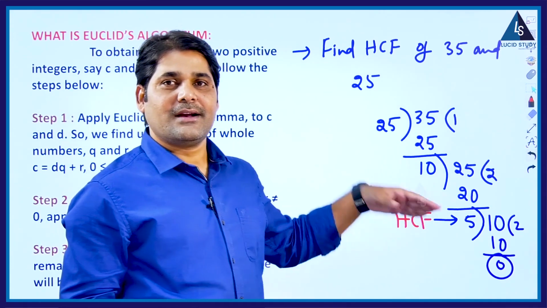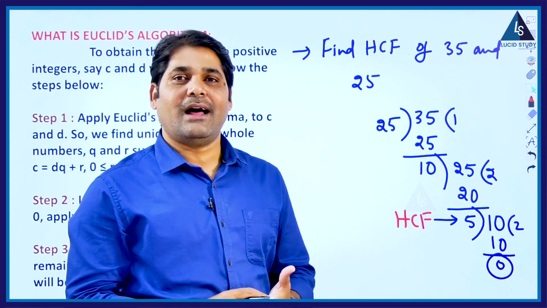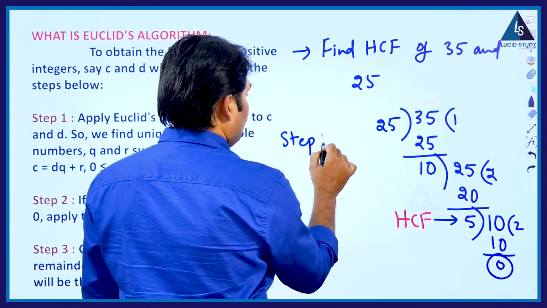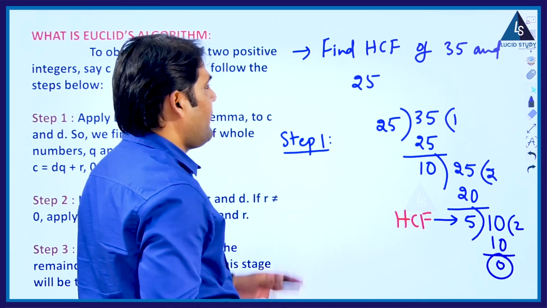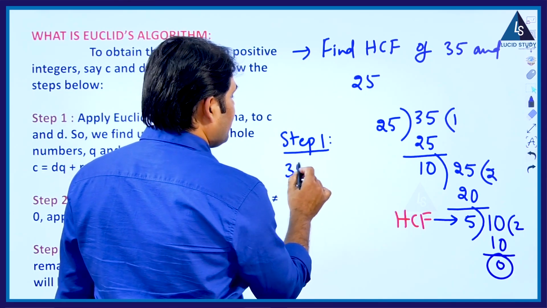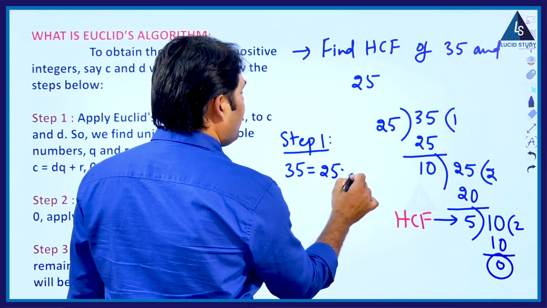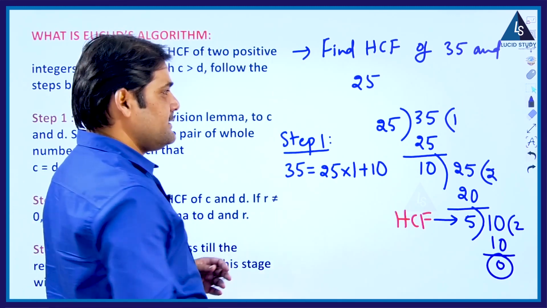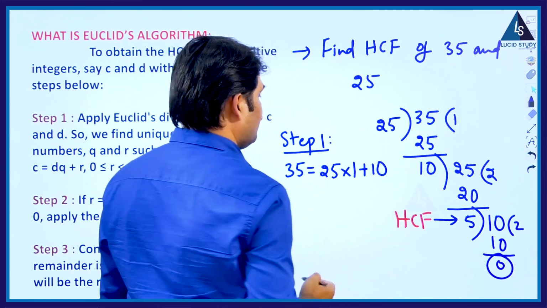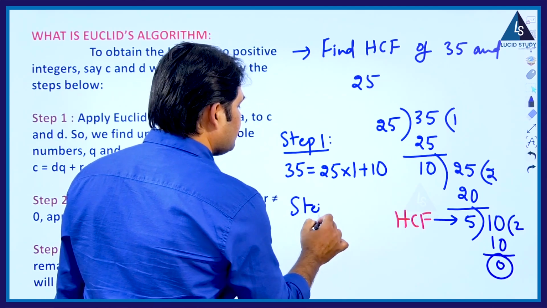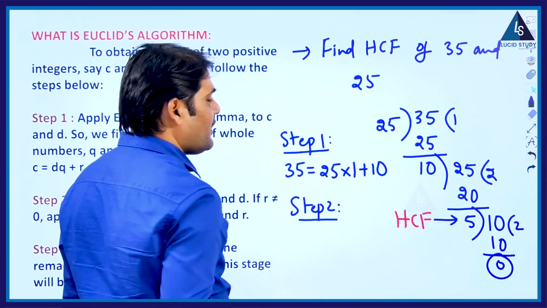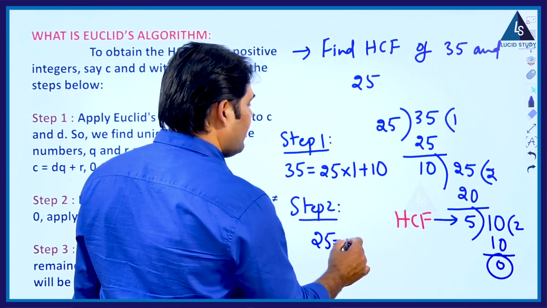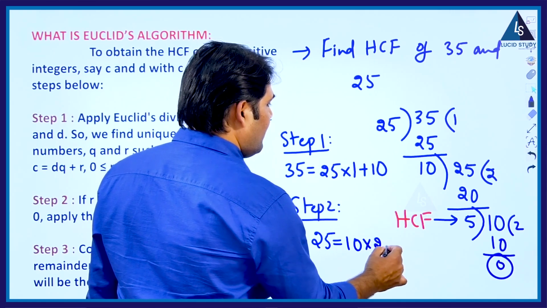How is this related to our Euclid algorithm? Let us see. In step 1, we did 35 is equal to 25 into 1 plus 10, right? The same thing we did there. Now in the second step, 25 is equal to 10 into 2 plus 5.